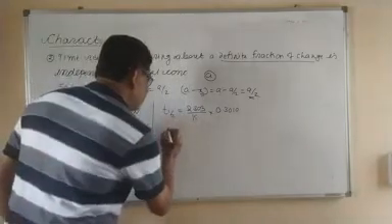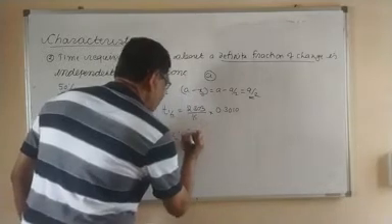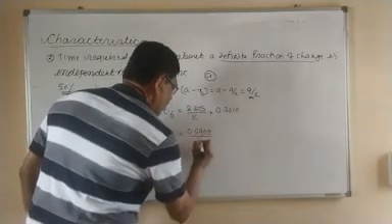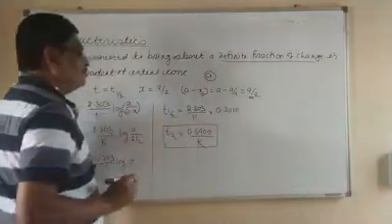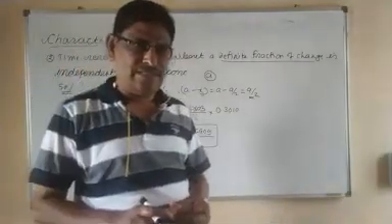After simplifying, we get t 1/2 is equal to 0.693 over K. This is the equation for half-life period in case of first order reaction.